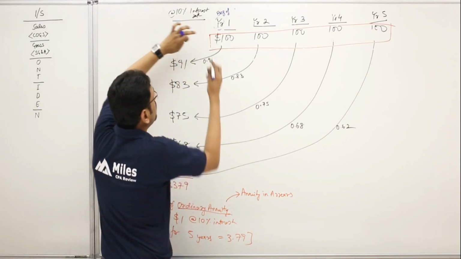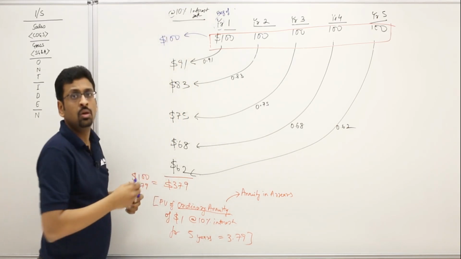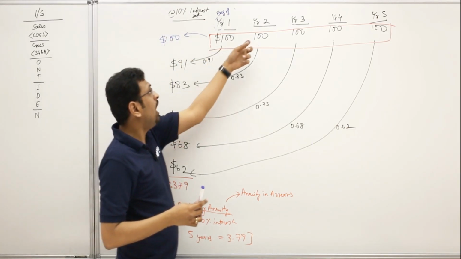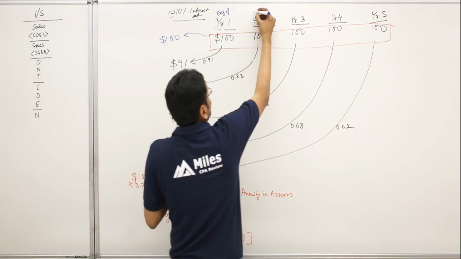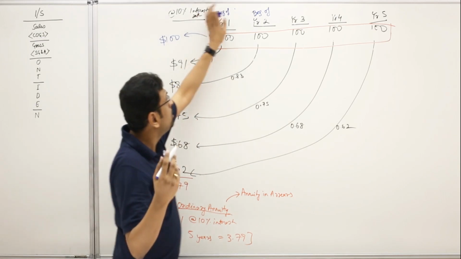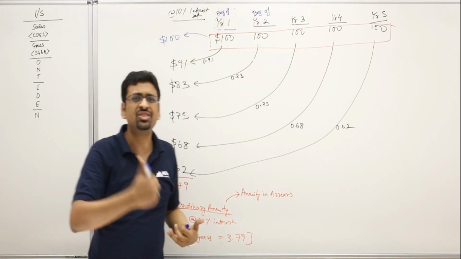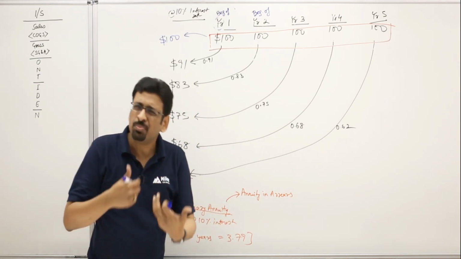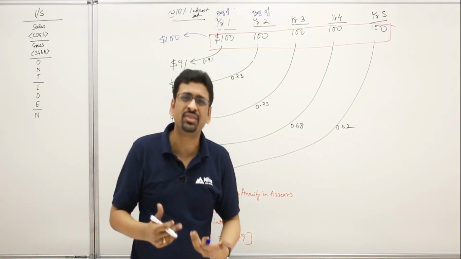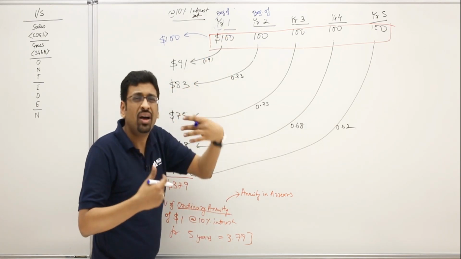So if it is coming at the beginning of the period, this $100 is worth $100. Now when I look at the $100 coming in at the beginning of year 2, guys, just to distinguish, I'm using a blue pen. So beginning of year 2, the 1st January of the second year, is more or less the same as 31st December of year 1. So end of year 1 and the beginning of year 2 are sort of the same.